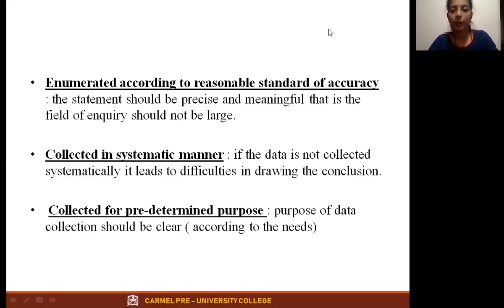In case you know the statistical office, government statistics office. So every government collects the information regarding a number of things. Collect the information regarding poverty. Collect the information regarding unemployment. Collect the information regarding the inflation rate.